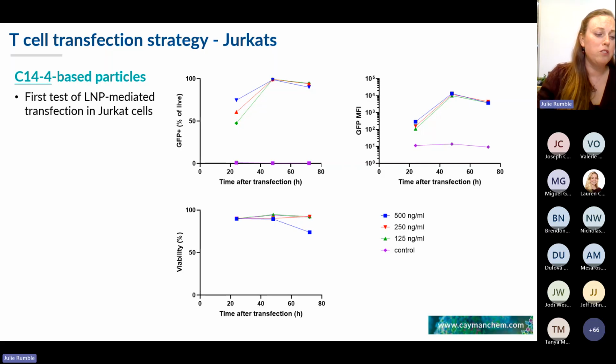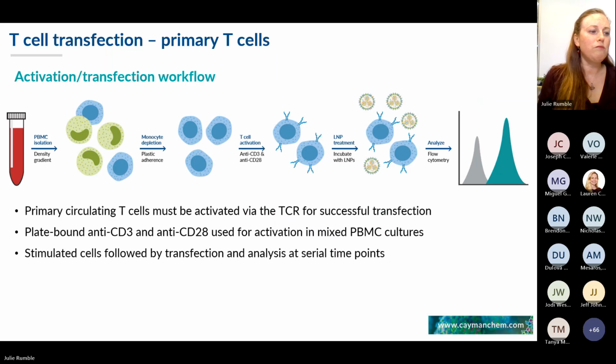However, it is important to also test primary cells, as the methods here are a little bit different. A significant proportion of circulating white blood cells, commonly called peripheral blood mononuclear cells, or PBMCs, are T cells. So they are readily available from healthy donor blood. However, these cells are generally quite quiescent and cannot be transfected without activation.